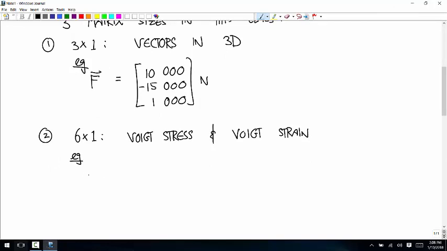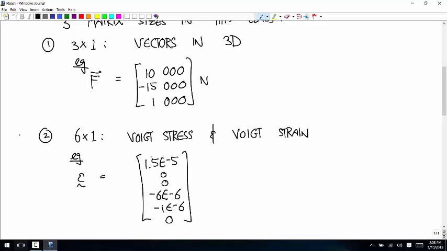For example, the Voigt strain could be 1.5 times 10 to the minus 5, 0, 0, negative 6 times 10 to the minus 6, 1, 2, 3, 4, negative 1 times 10 to the minus 6, 0. This would be a Voigt strain, and strain we haven't talked about yet, but we'll see that it has no units. It's just a set of numbers. It's unitless.